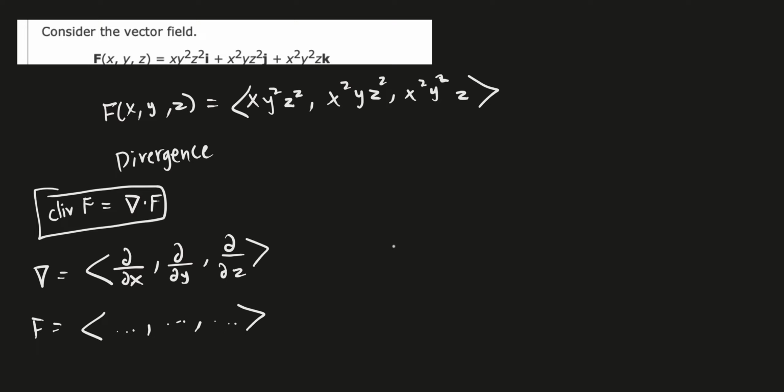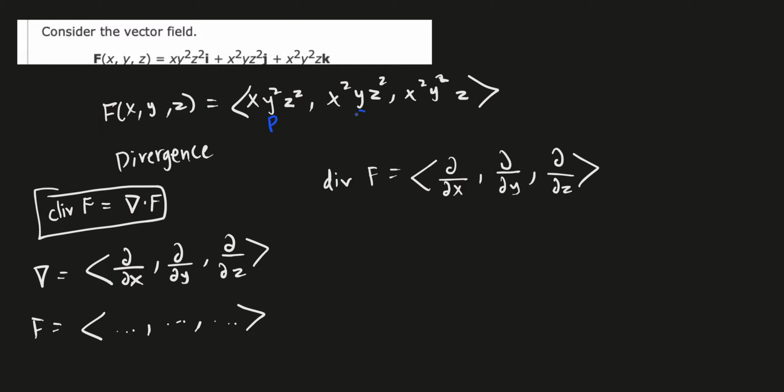That's what F is. Now, if you want to build this, this is equal to partial with respect to x, partial with respect to y, and partial with respect to z. Instead of writing dot dot dot, something better is naming these.